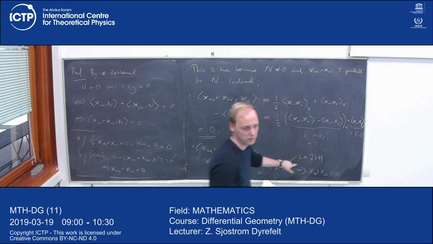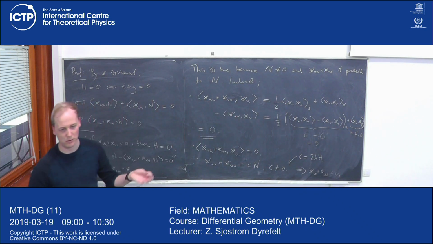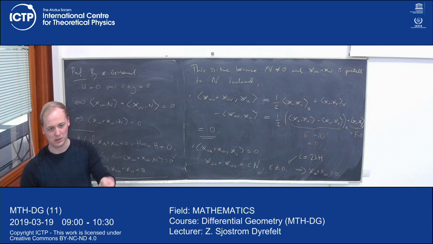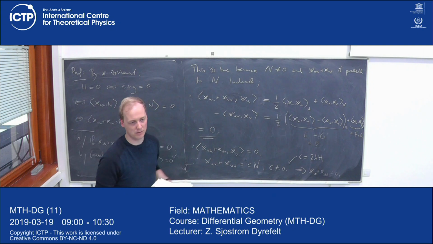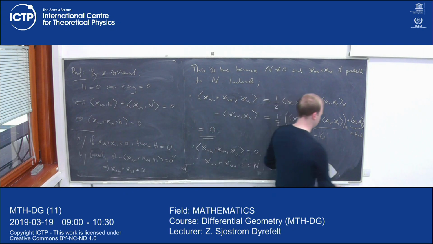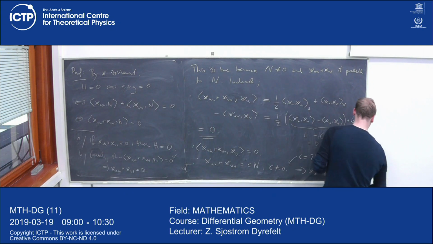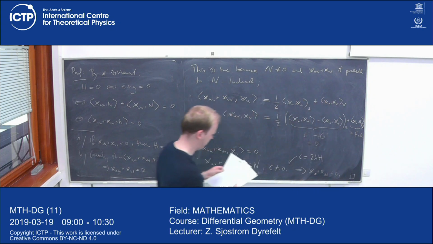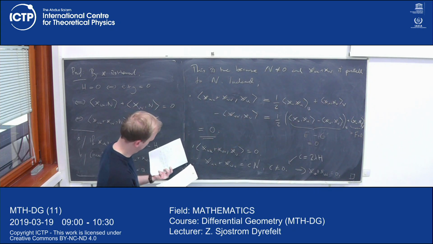Because if you take h equal to 0 here, this thing is equal to 2 lambda times the mean curvature times the normal. And so if the mean curvature is 0, then this thing is equal to 0. Okay. And so this finishes the proof.